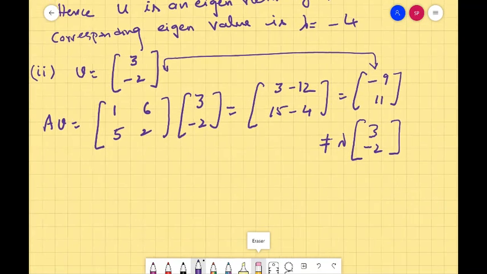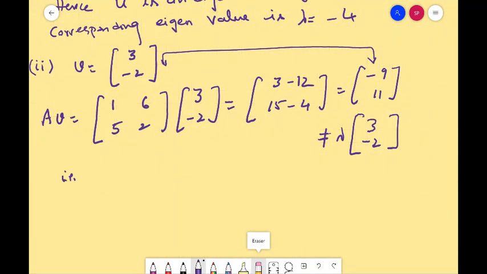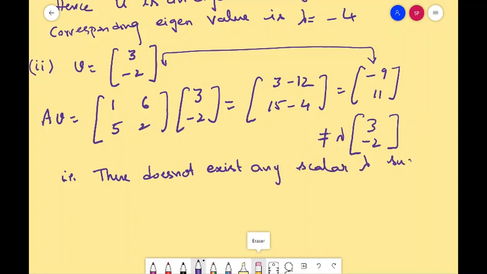That is, there does not exist any scalar lambda such that Av is equal to lambda v.